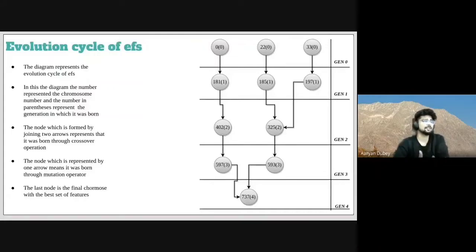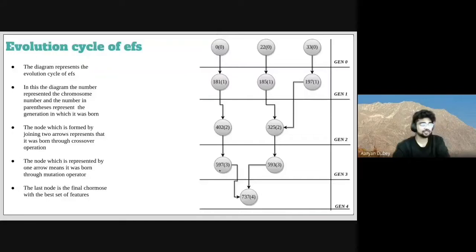Let's say we run the EFS for 4 generations, and the best generation was generation 4, where we got our creature 737. The value in the parentheses represents the generation in which the particular creature or chromosome was created. As you can see, the answer we have here, the 737th creature, was created through the crossover operation, as there are 2 arrows to the particular node from generation 3.